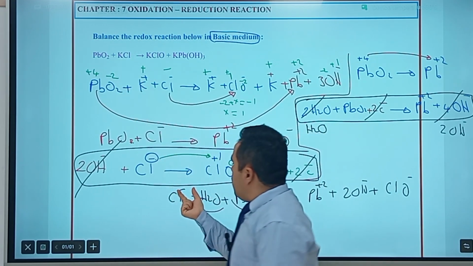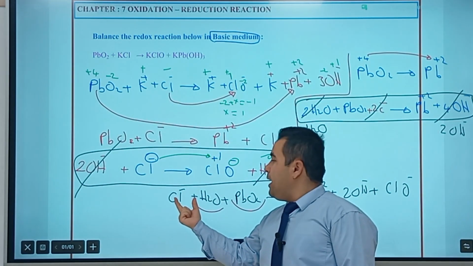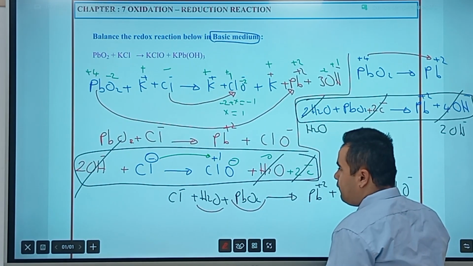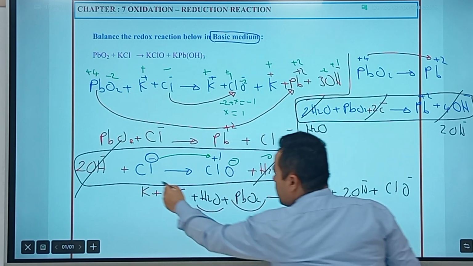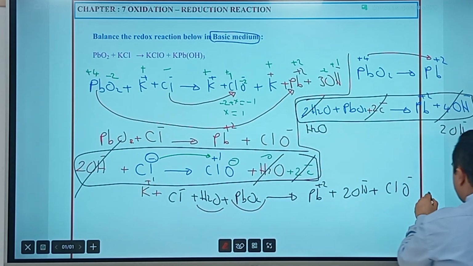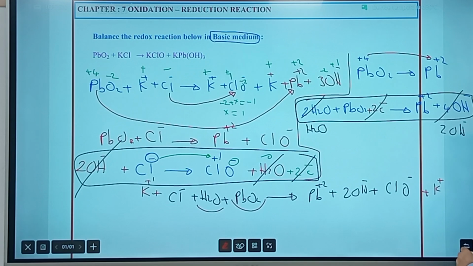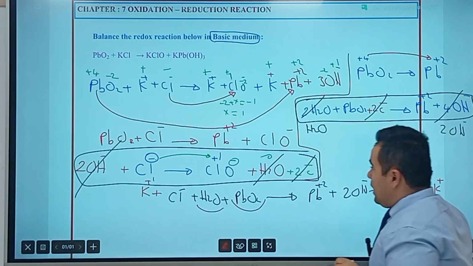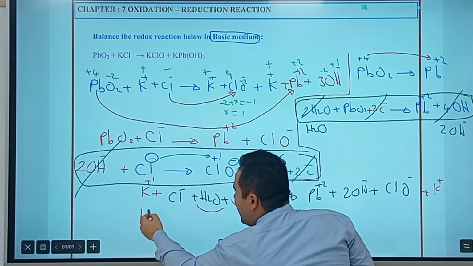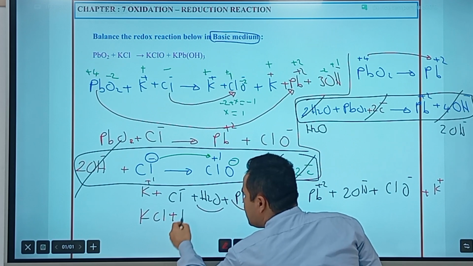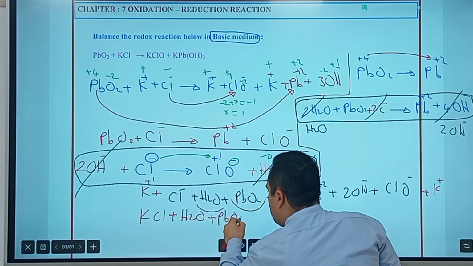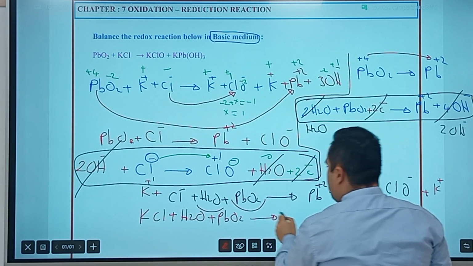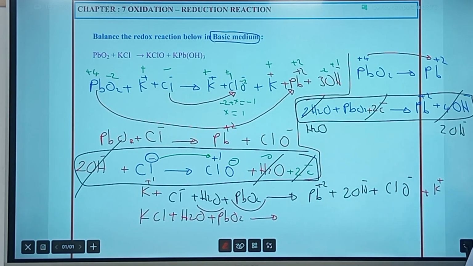With K. So for 1 Cl remaining, we have to add 1 K for the reactant and 1 K for the product. Okay. You get KCl plus H2O plus PbO2 in the reactant, the product, sorry.